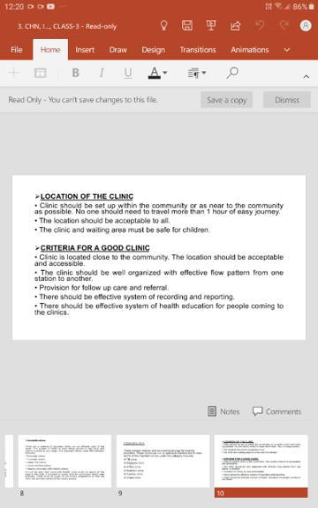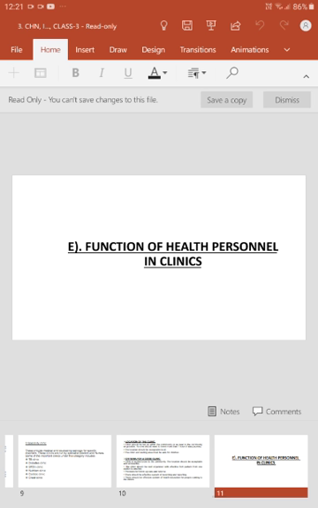For example, they give medications to be taken at proper timing, along with a diet plan. All these things should be heard and accepted by the community people or needy people who come there. These are the criteria for a good clinic.